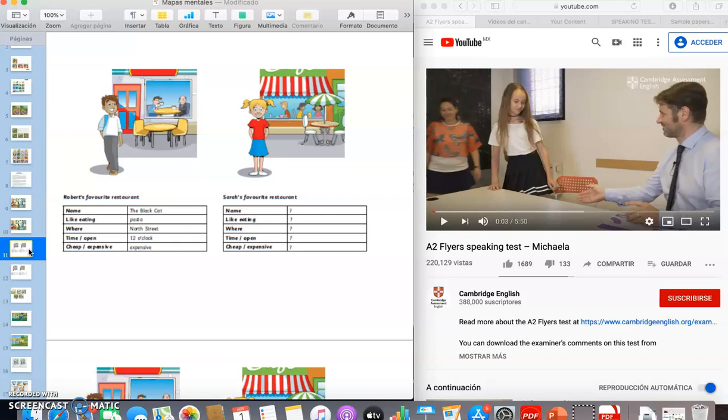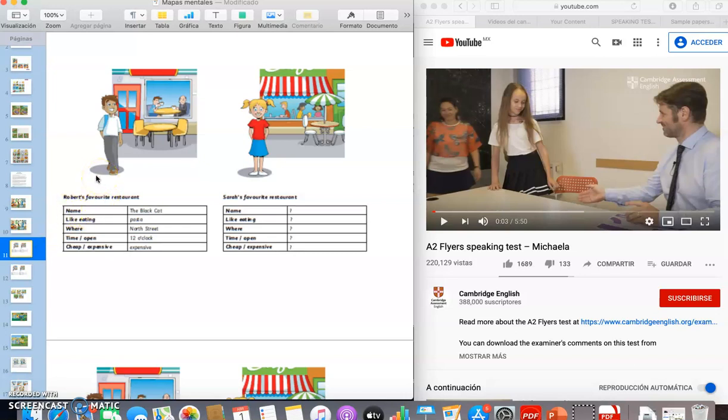This is Robert. I don't know anything about Robert's favorite restaurant, but you do. So I'm going to ask some questions that you will need to answer with the information you have on your image. And then the examiner will ask you a question about Robert, and you will need to answer.